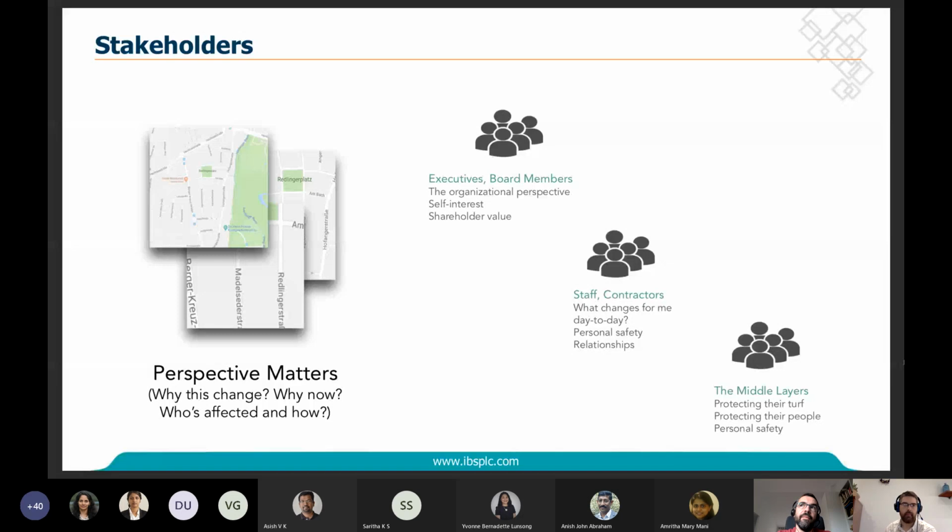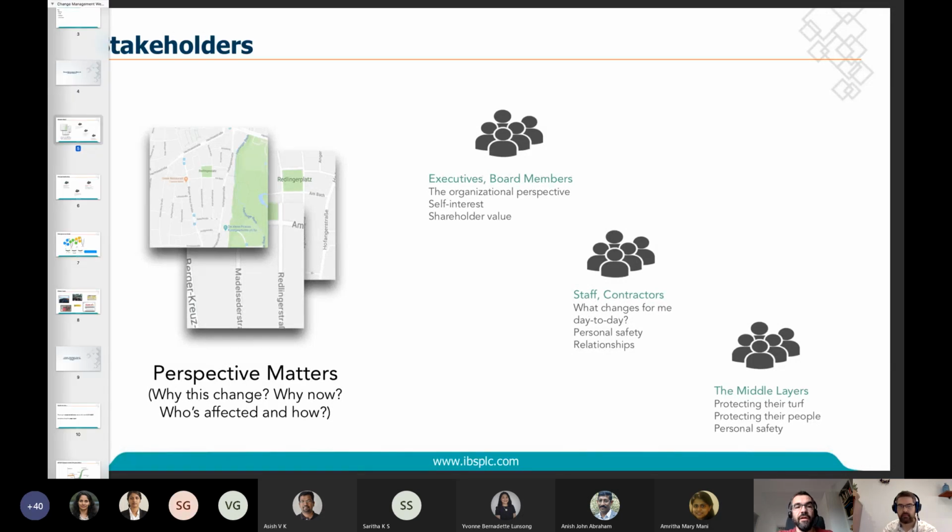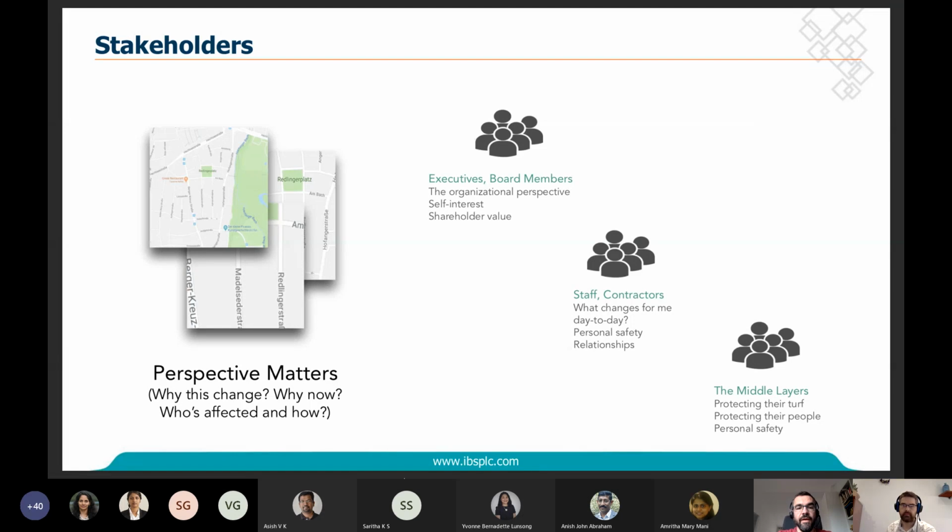And the way that in many occasions change management theory refers to these people is the stakeholders. Okay, so the stakeholders of the actual changes. In here we are just grouping all the different people that might be impacted by any change.